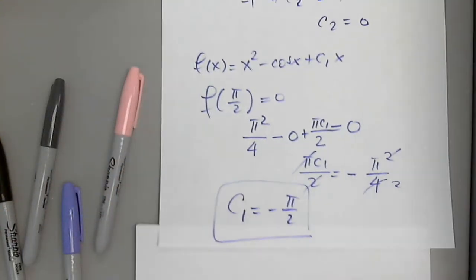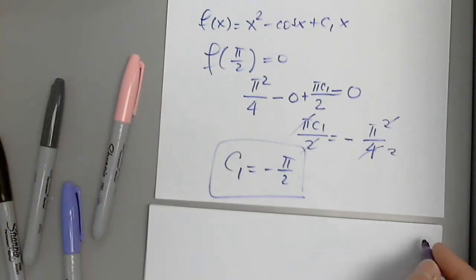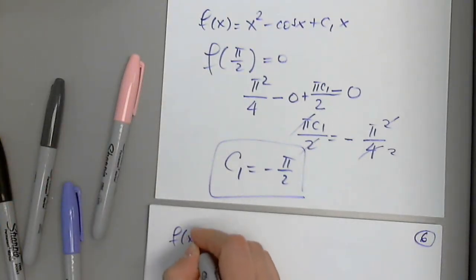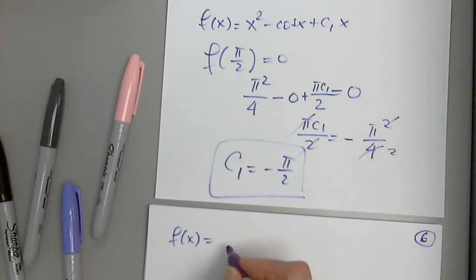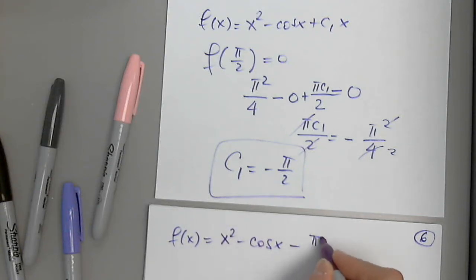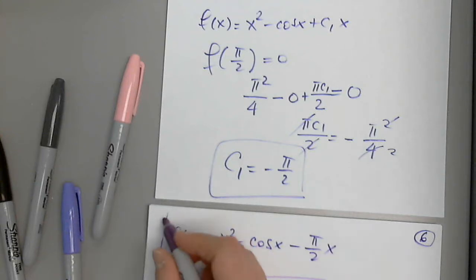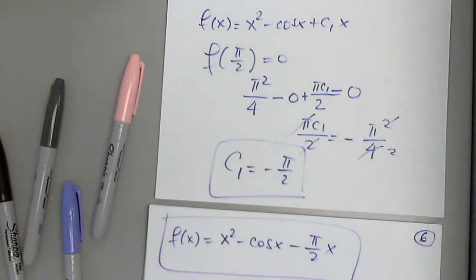That's a single function, one function that fulfills all characteristics, so all the information given. X squared minus cosine x minus pi over 2x. This is it. This is the function whose derivative was given to us, and fulfills also those two conditions given to us.